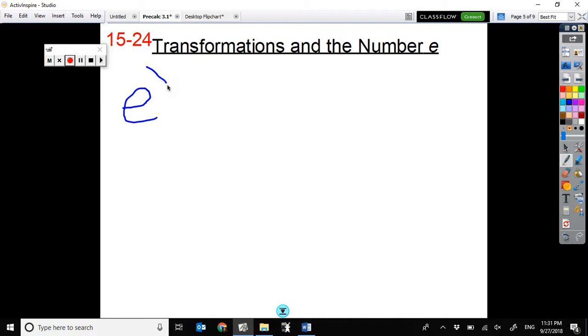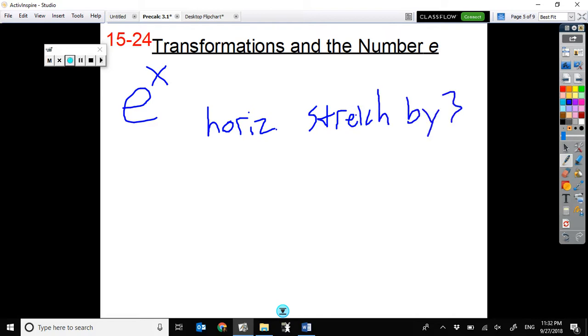Well, let's say we're going to do some stretching and compressing. Let's say I have a horizontal stretch by 3. Well, we know horizontal is inside where the x is, and I also have to do a reciprocal.